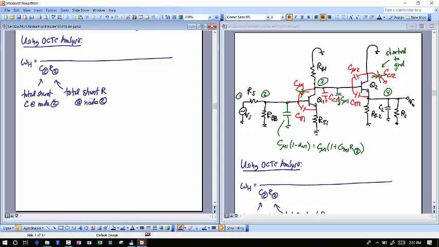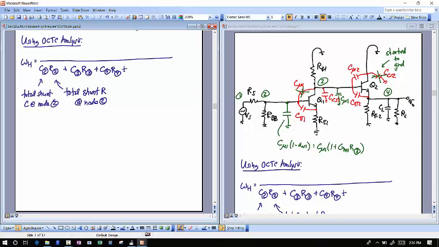Then I'm going to go to all nodes and do the same thing. I'm going to find the total shunt capacitance at node 3 and the total shunt resistance at node 3, and multiply them together because they make a time constant. I'm going to take the total shunt capacitance at node 4 and the total shunt resistance at node 4, and multiply them together to make a time constant.